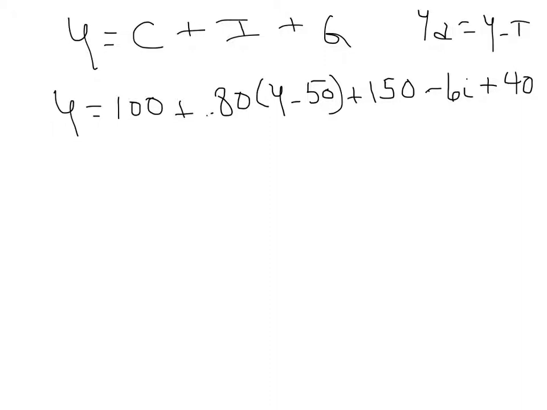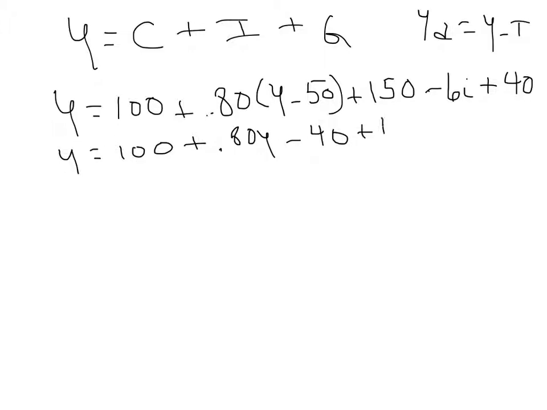Okay, so this is how we're going to work out the equation. We're going to go Y equals 100 plus, and then we're going to distribute this 0.80 inside the parentheses. So we're going to have 0.80Y, and 0.80 times negative 50 is minus 40.